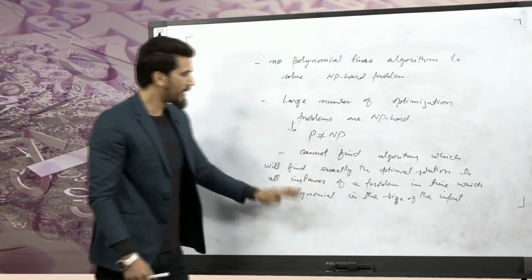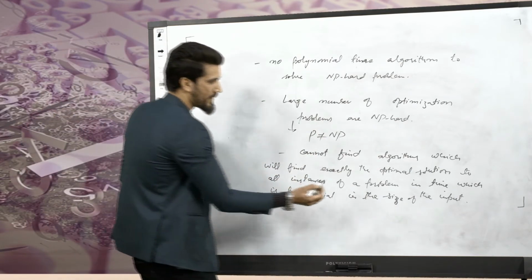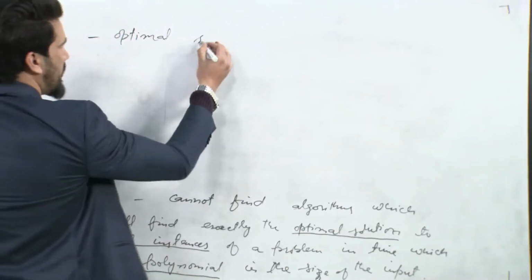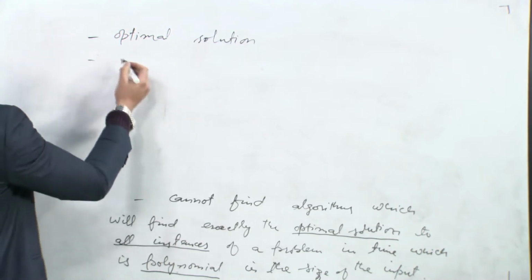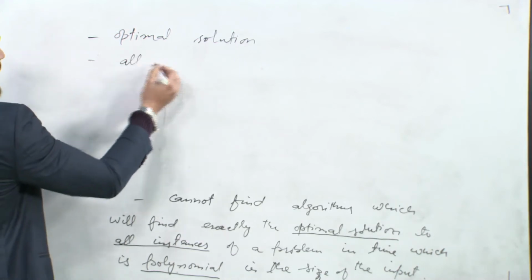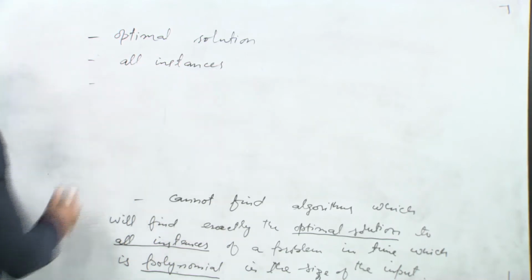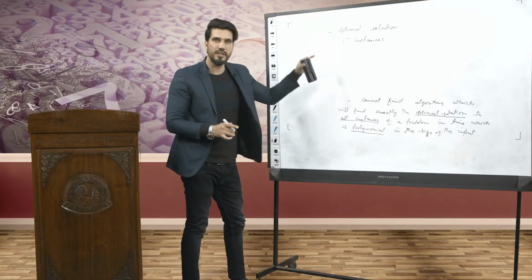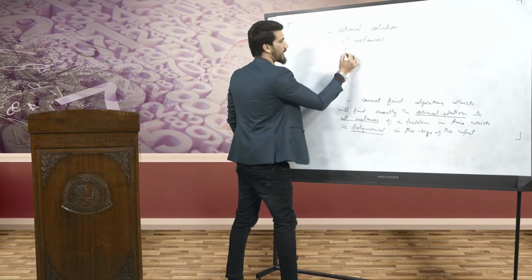So here there are three important things you have to remember. One is optimal solution. We want to find optimal solution for all instances of a problem. And we want to find optimal solution for all instances of an optimization problem in polynomial time.